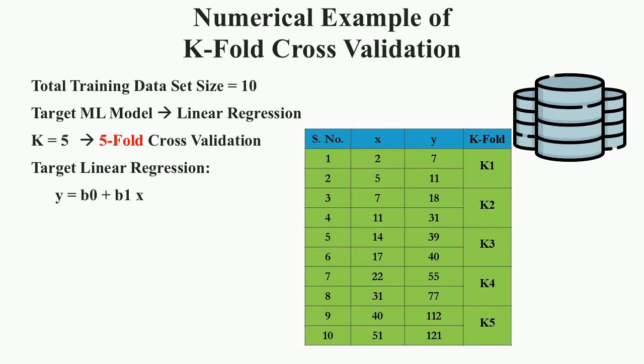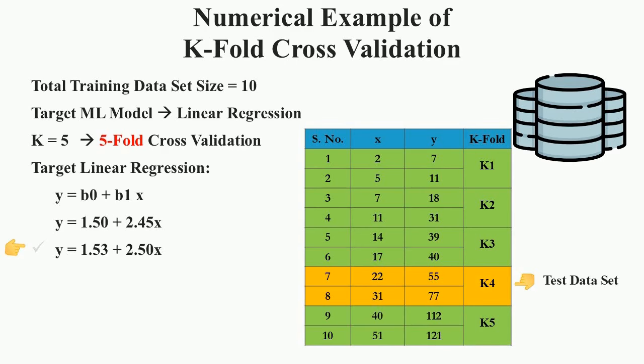The data set is divided into 5 folds and labeled as K1, K2, K3, K4, and K5. In the first iteration, K1, K2, K3 and K4 folds are taken for training and K5 fold is used for testing. The values of B0 and B1 are shown here in the linear regression equation.